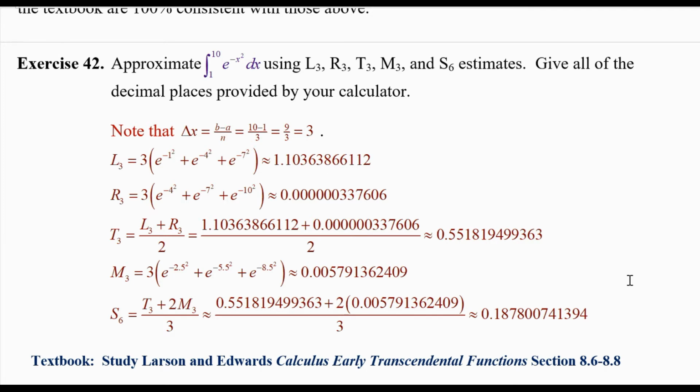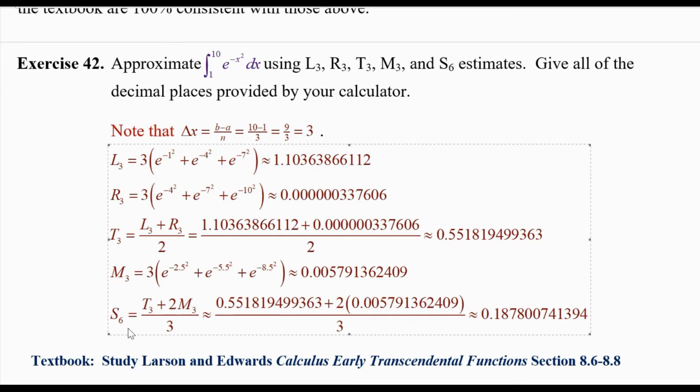And halfway between 7 and 10 would be half of 17, which is 8.5. And so we evaluate the function at those points, 2.5, 5.5, 8.5. Work that out on your calculator, multiply by 3, and we get this for the midpoint rule, 0.00579, and etc.